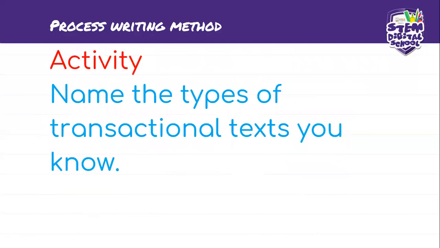Which transactional text are you expecting to be asked about next week? Whatever transactional text you know or you've heard of, please write it in the chat. Let us refresh our memory about what transactional texts are. I'm giving you a minute to type the transactional texts that we should know.